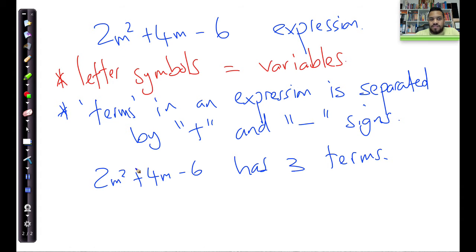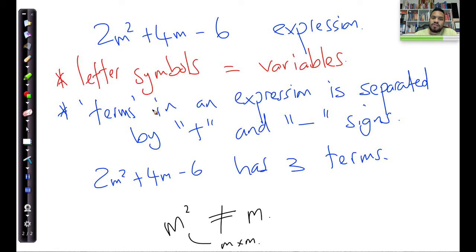It's very important to note that m squared is not equal to m, because m squared is actually m multiplied by m, which is not, of course, just m on its own.